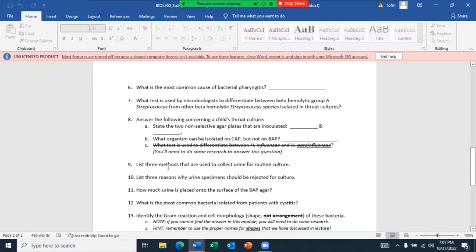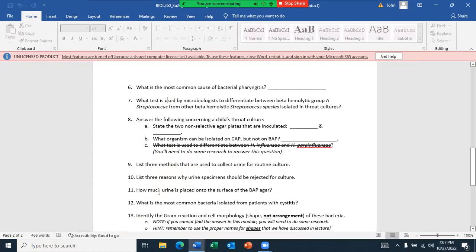9, list 3 methods that are used to collect urine for routine culture. We did discuss them in this lesson, actually. List 3 reasons why urine specimens should be rejected for culture. So if somebody collects the specimen inappropriately, that would obviously be one reason, and you can state specifically what that was.